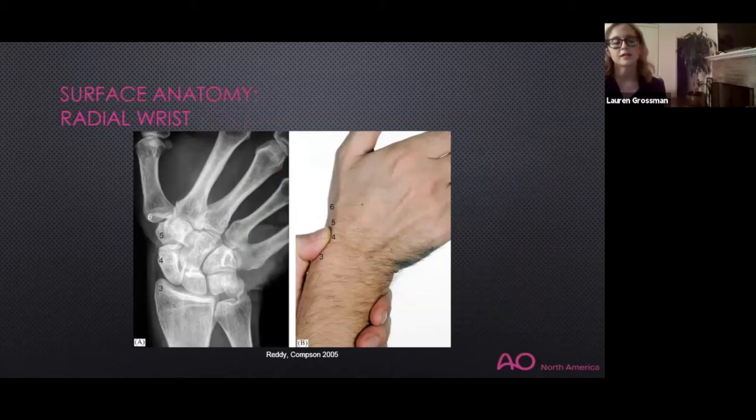Moving on to the radial side of the wrist, there are again a lot of structures in one really small area, which sometimes becomes difficult to diagnose. It's important to note the difference of where the structures are. Number 6 is the base of the thumb metacarpal, 5 is the trapezium, 4 is the scaphoid, 3 is the radial styloid. Commonly, radial styloid fractures and scaphoid fractures are thought to be one and the same, or it's hard to diagnose the difference between them.